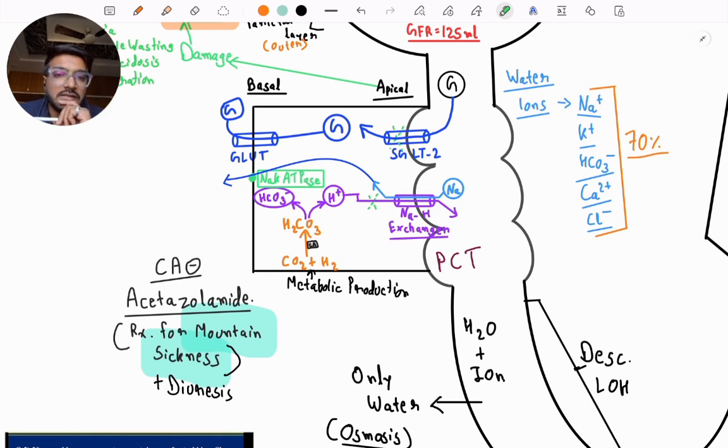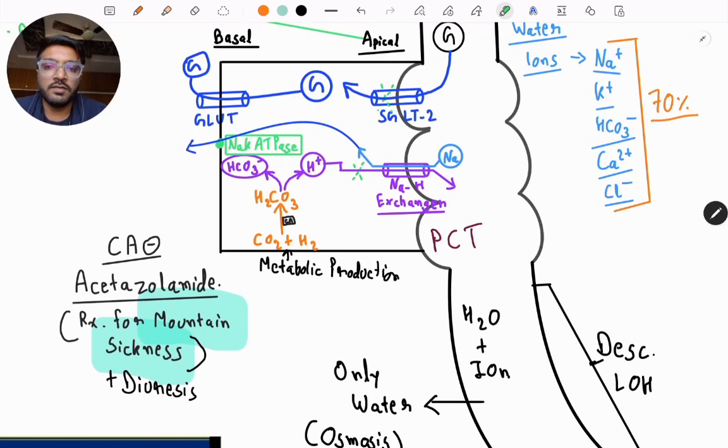But if our body is not working sufficiently, or not able to compensate the change in the environment, then we have a drug called acetazolamide, which is a carbonic anhydrase inhibitor.